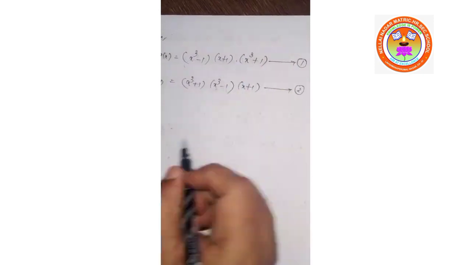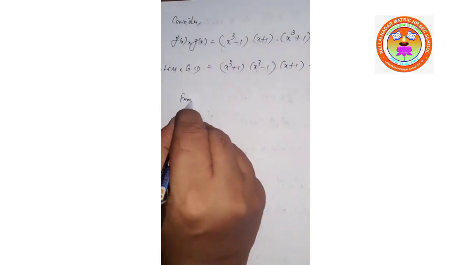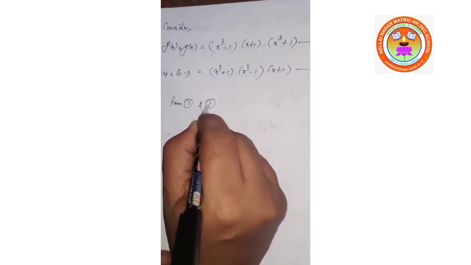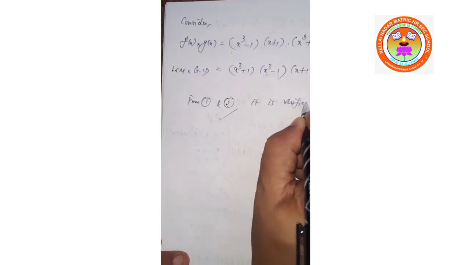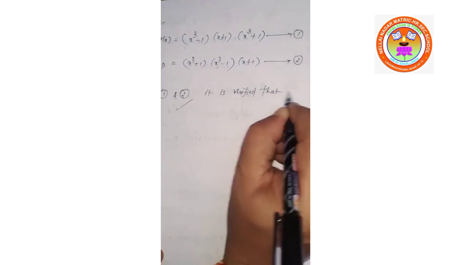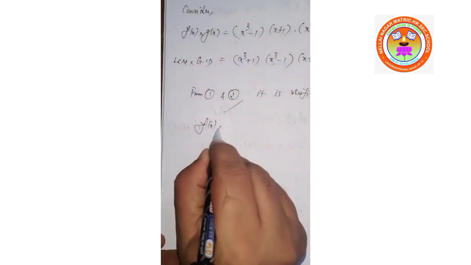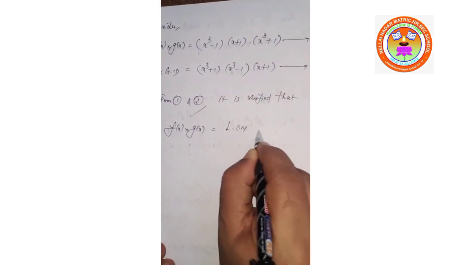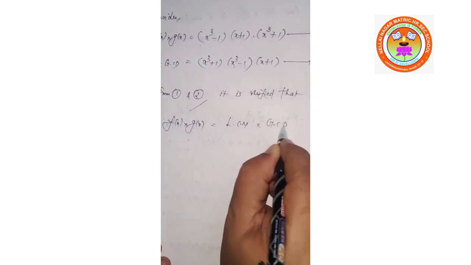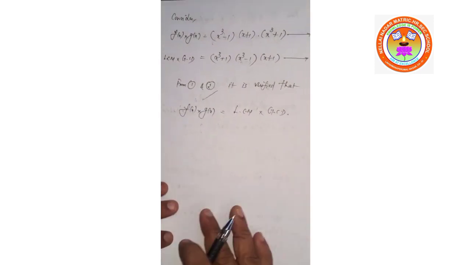So 1 and 2 are equal. From 1 and 2, it is verified that f of x into g of x is equal to LCM into GCD. So the second subdivision is over.